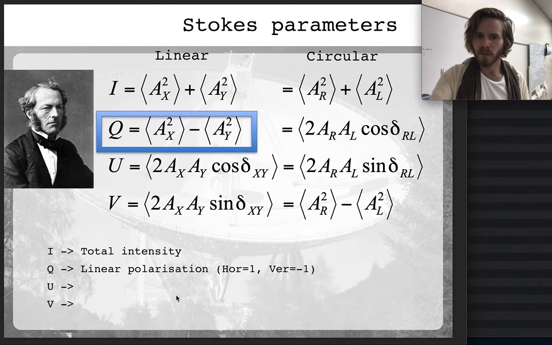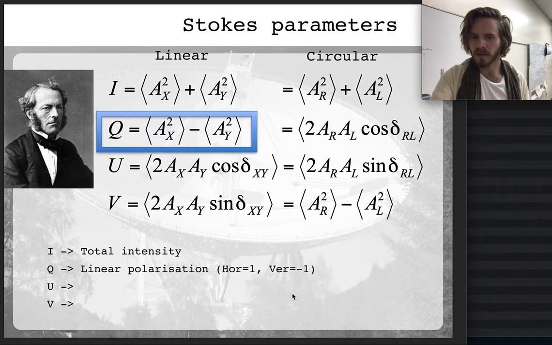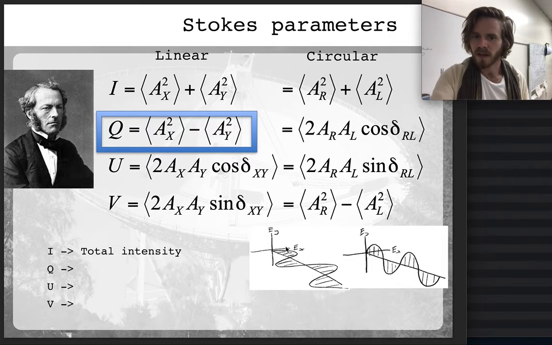So the second one we have is the linear polarization degree. Again, I'm thinking of the wave in terms of x and y components. If you were to have a wave that was totally polarized in the horizontal direction, then let's speak in ones and zeros in this case.